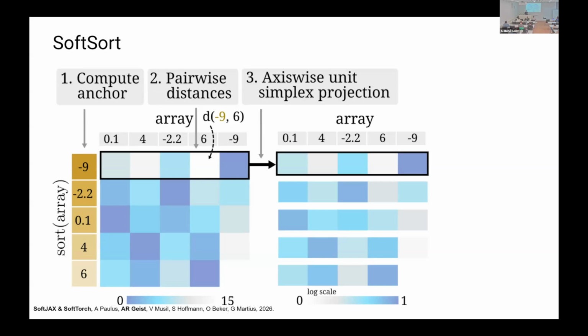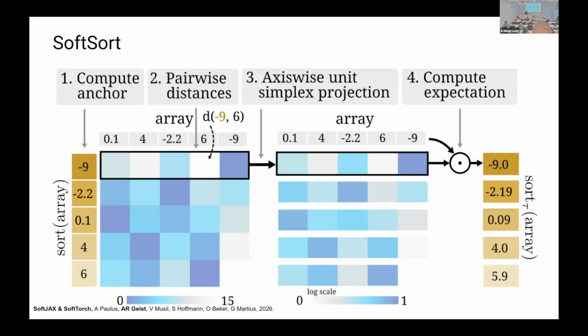So the output of argsort in SoftJAX is essentially a row-stochastic matrix. If you now want the output of sort, you again just compute an expectation. You multiply the rows, the probability distributions, with the array entries, and you get the expected value for the first entry, and so on.